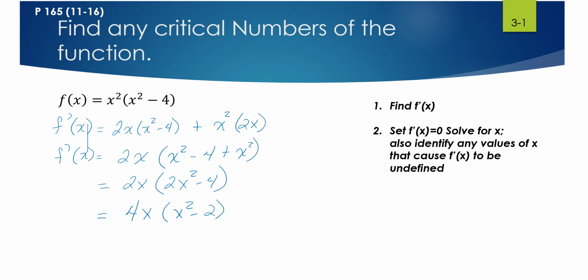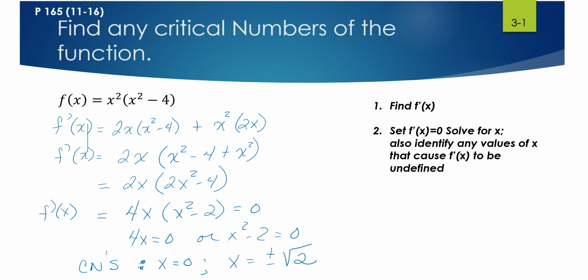Now, a critical number is anything that will make this equal 0 or go undefined. Because it's a polynomial, we know it's not going to go undefined. So I only need to worry about when 4x equals 0 or x squared minus 2 equals 0. And so my critical numbers are x equals 0 and x equals plus or minus square root 2.